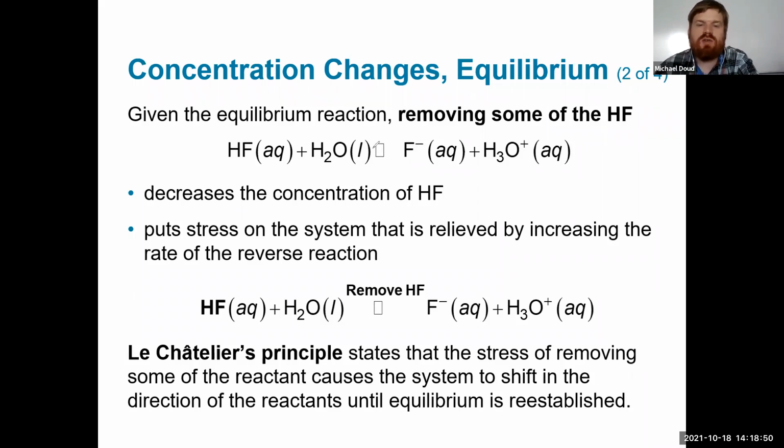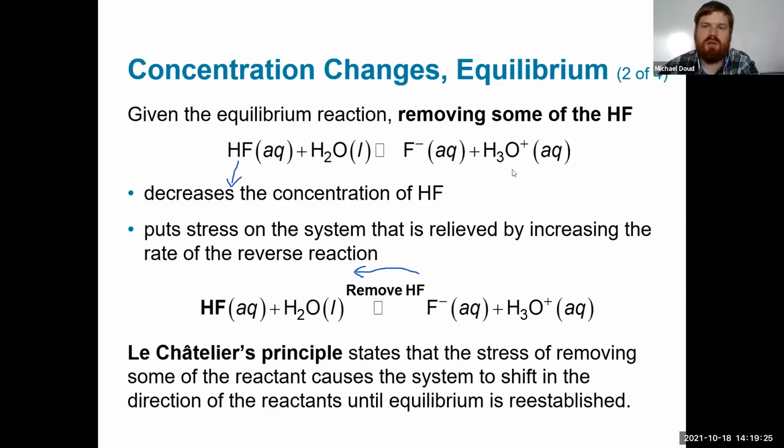What the system can do then is, if you remove HF, there are more fluoride ions bouncing around with hydronium ions, and more fluoride is going to pick up hydronium ions to form HF to counteract the stress that was put on the reaction. So by removing the reactant, we increase the rate of the reverse reaction, and in so doing, shift back towards equilibrium.